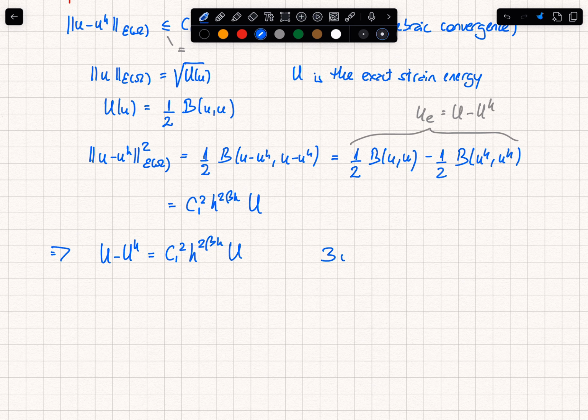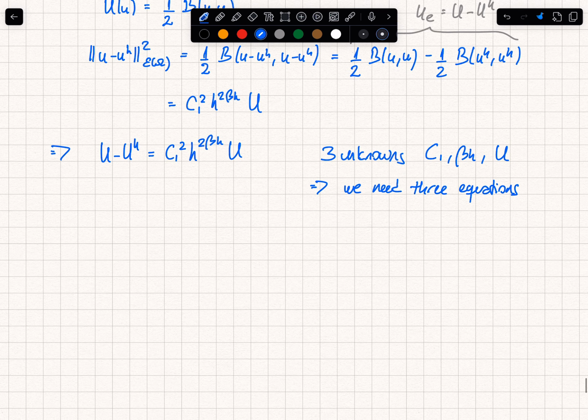So we have three unknowns, C1, beta H, and U, and so we need three equations. All right. So how do we go about defining these three equations? What do you think we can do?